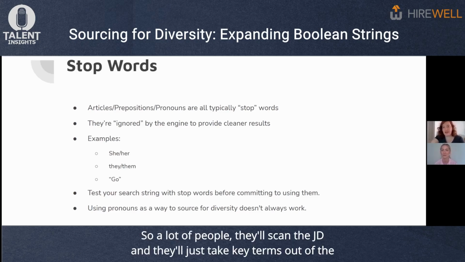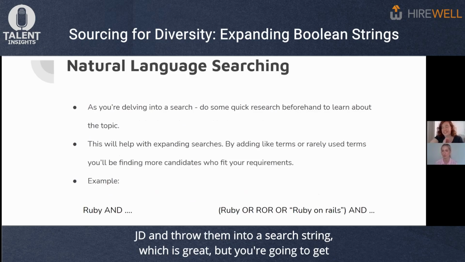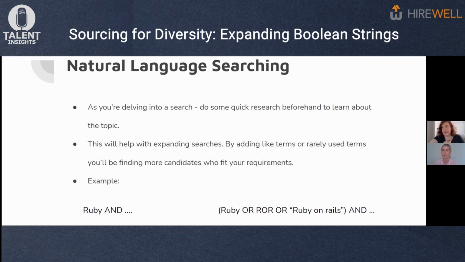Sure. A lot of people will scan the JD and take key terms out of the JD and throw them into a search string, which is great, but you're going to get people who maybe only talk about their work in one way.